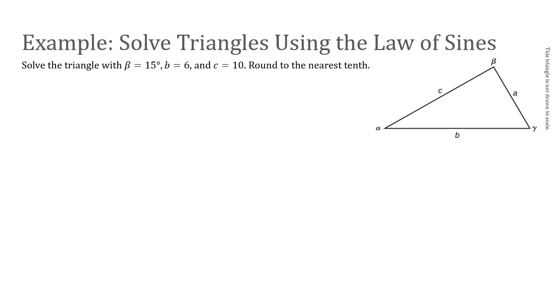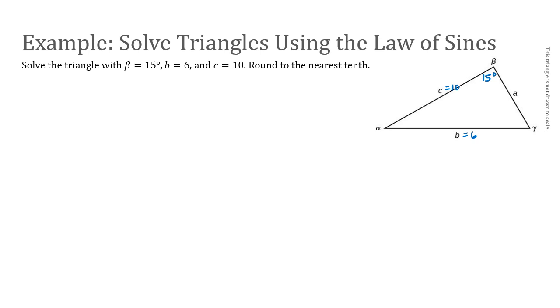So let's look at another example. In this example, we're being asked to solve a triangle where beta is equal to 15 degrees. The side across from beta, B, is equal to 6. And side C is equal to 10. And when we solve, we're asked to round to the nearest tenth.